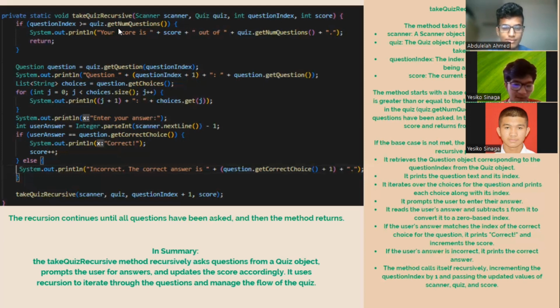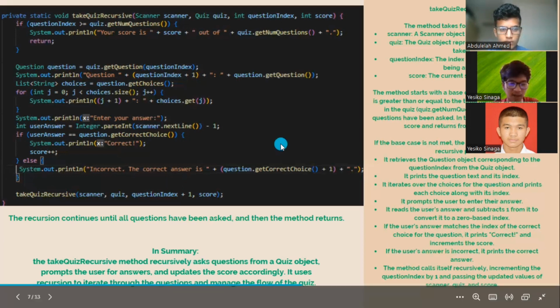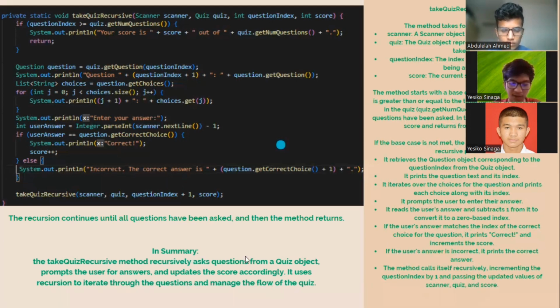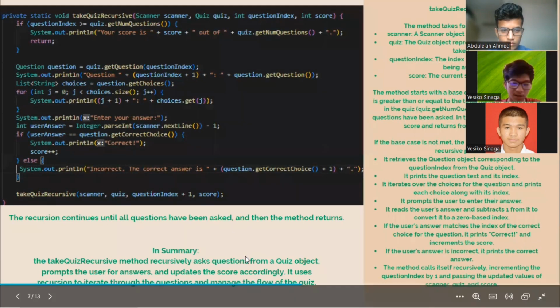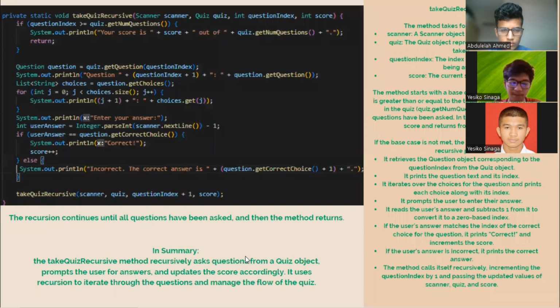In summary, take quiz recursive takes the quiz object and gets the answers from the users. The method recursively asks questions from the quiz object, prompts the user for answers, and updates the score accordingly. It uses recursion to iterate through the questions and manage the flow of the quiz.